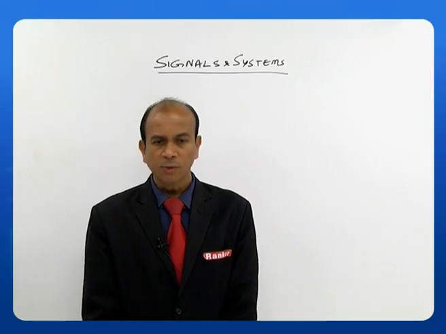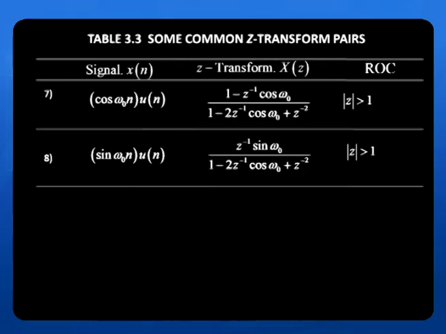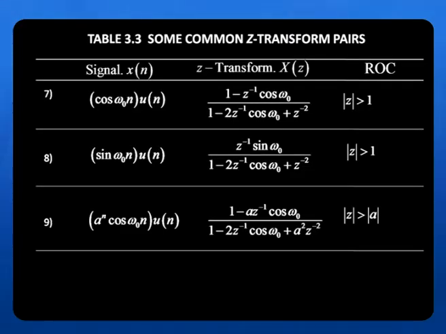Then coming to the next identity, a to the power of n cos omega naught n u of n, the formula will be 1 minus a Z to the power of minus 1 cos omega naught divided by 1 minus 2a Z to the power of minus 1 cos omega naught plus a square Z to the power of minus 2. So the presence of a here is the continuous multiplication, as you see in the numerator and the denominator.